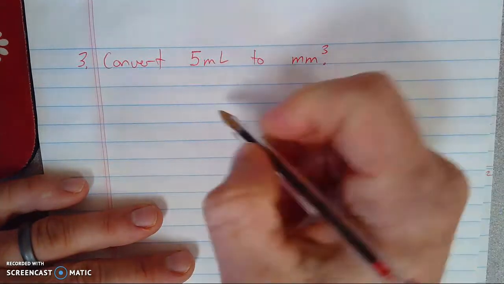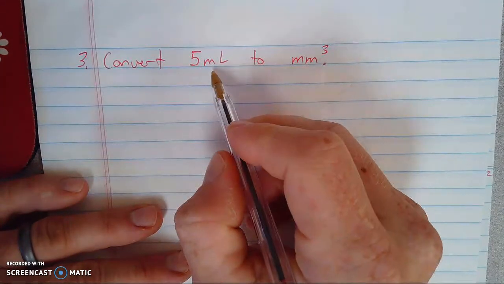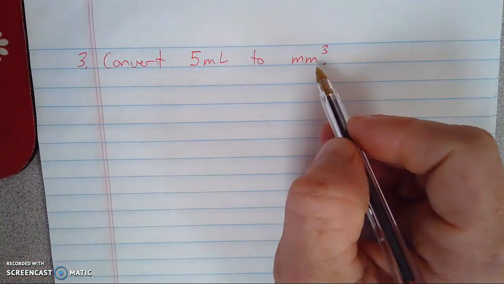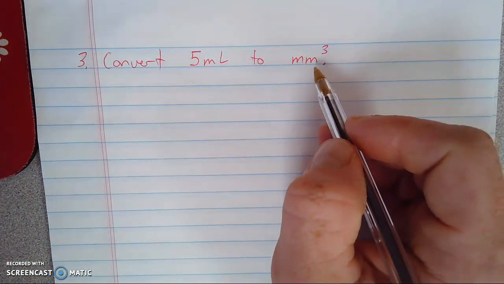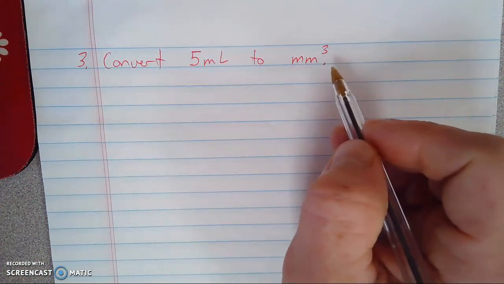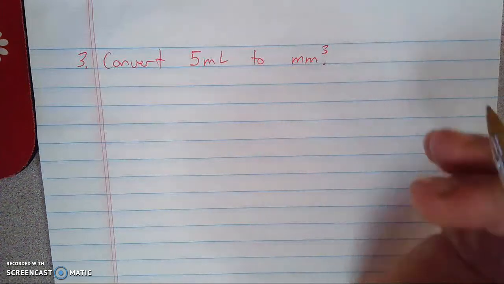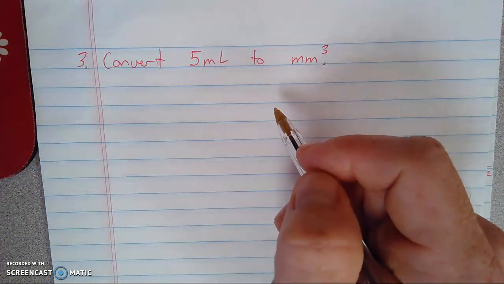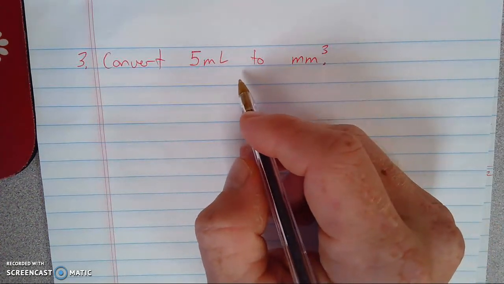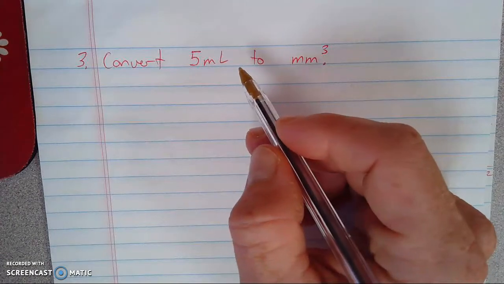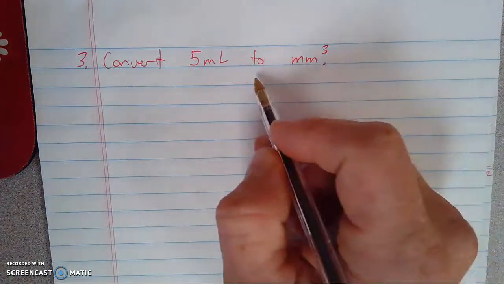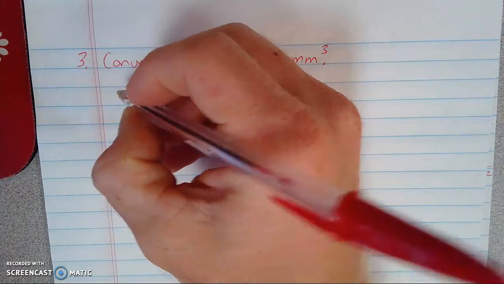We haven't converted a unit of liquid volume to a unit of solid volume. We did solid surface area to solid surface area in the previous question, but now we're doing volume. So let's look at how this would work.